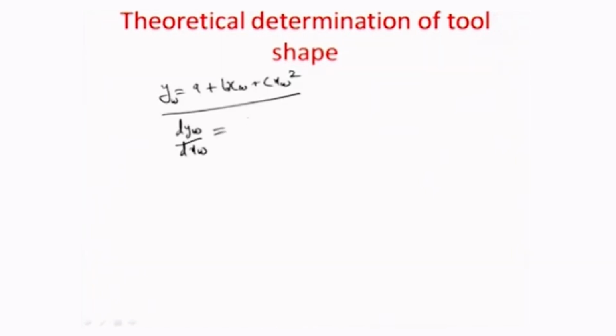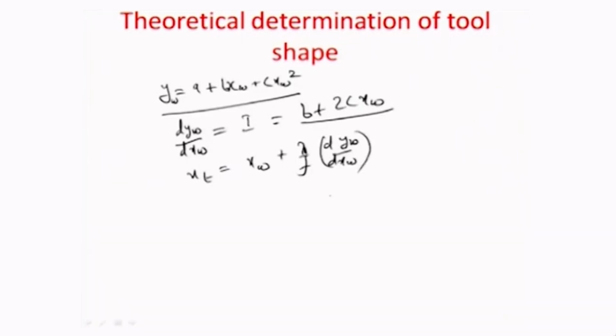Let this be equal to some value I, and this can be represented as b plus twice cxw. From our previous formulation for xt and xw, we are very well aware that xt is related to xw by the relation xt equal to xw plus lambda by f times dyw by dxw.